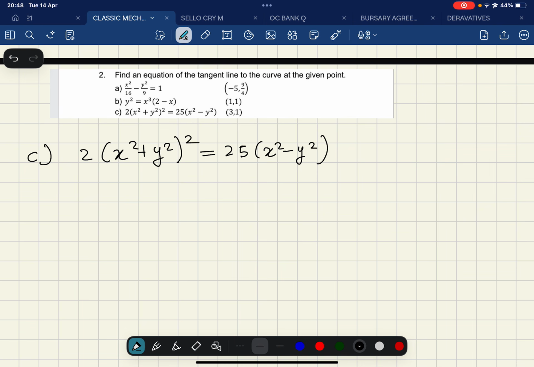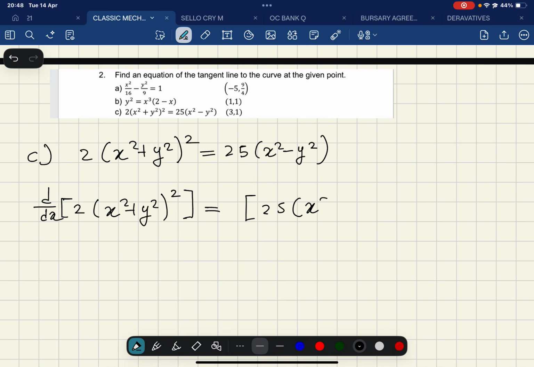So from there we'll start by applying d over dx on both sides of 2x squared plus y squared, all squared. I close the brackets, which is equal to what?